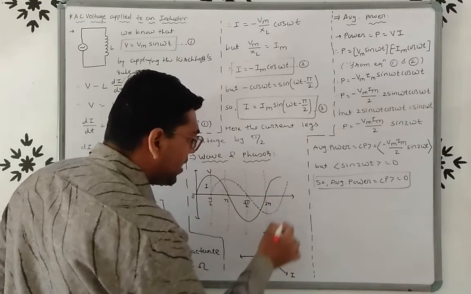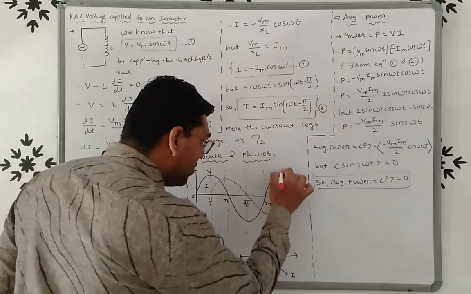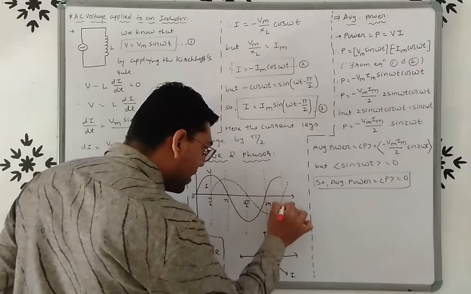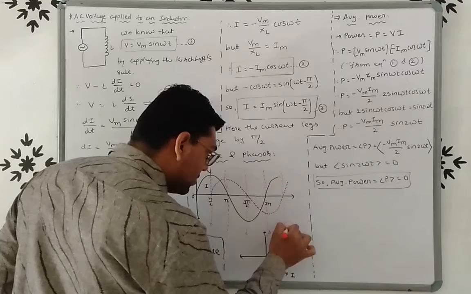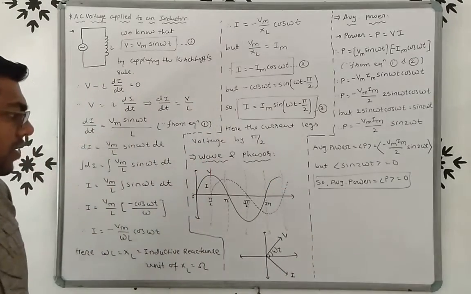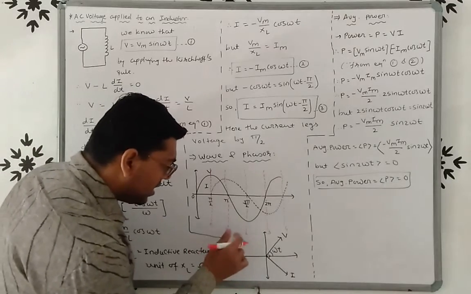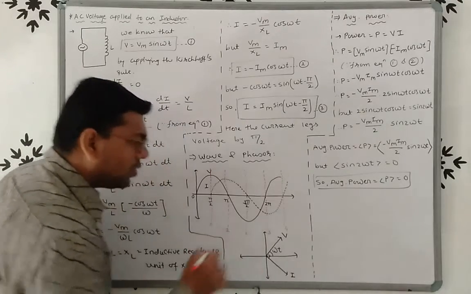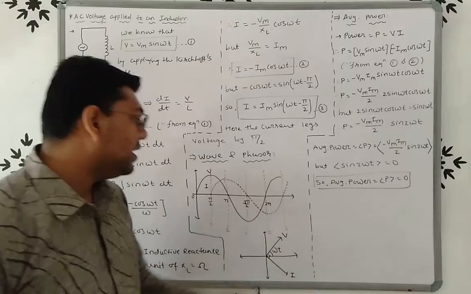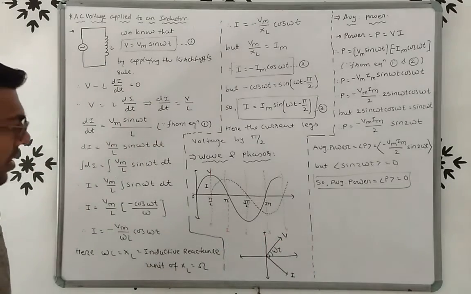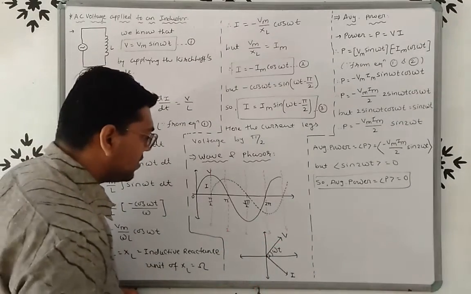This is 3 and at this point 2 pi plus pi by 2, this is 4. Now consider these parts from 0 to 1, then from 1 to 2, then 2 to 3 and 3 to 4. See the graphs.